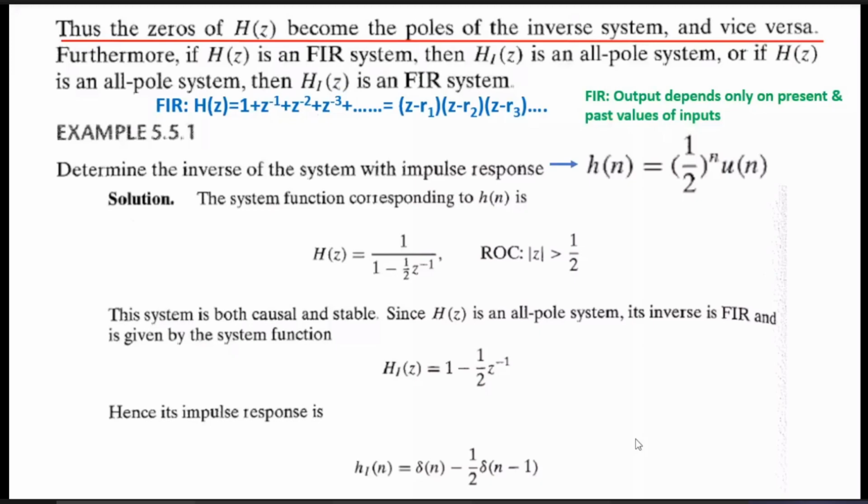So 1 by h(n) is the inverse of the system having impulse response h(n).